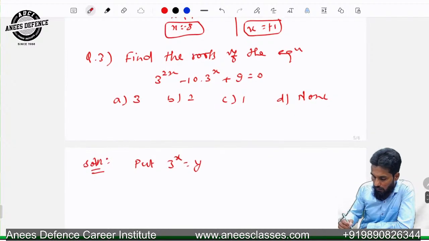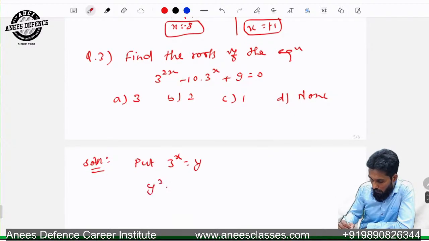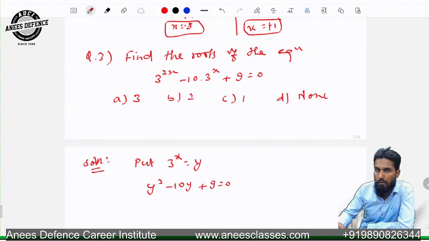So what equation will you get? y square minus 10y plus 9 equal to 0.